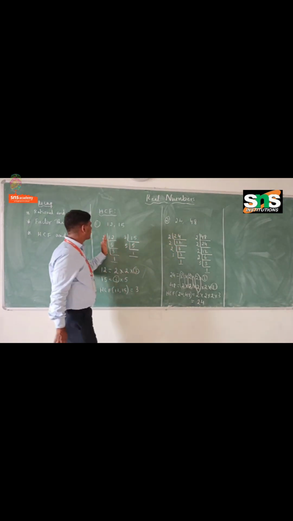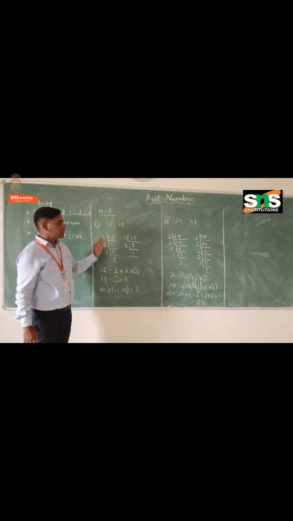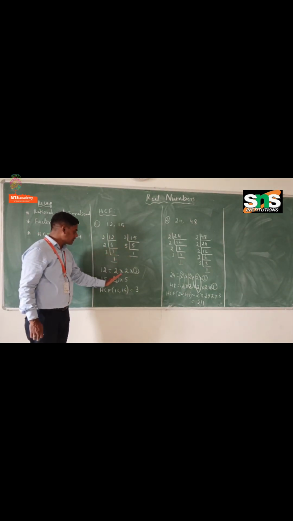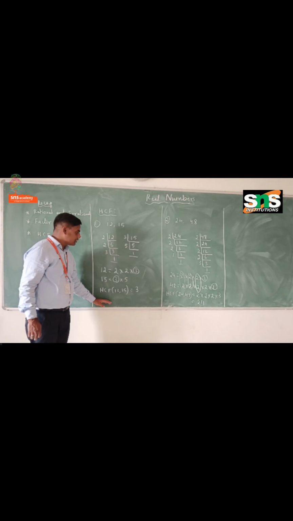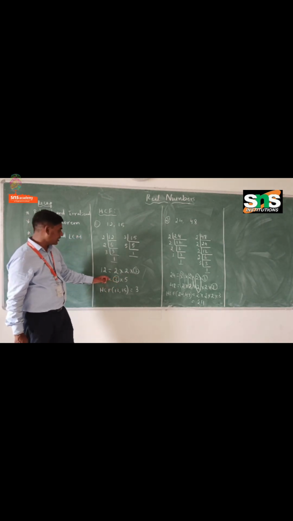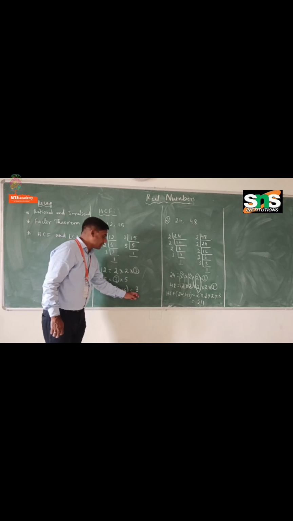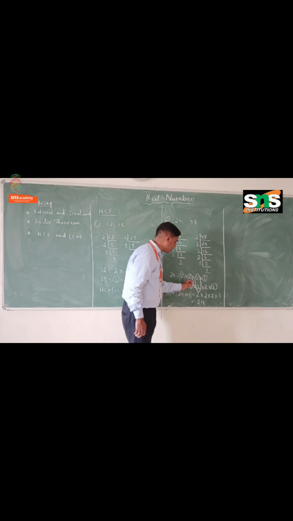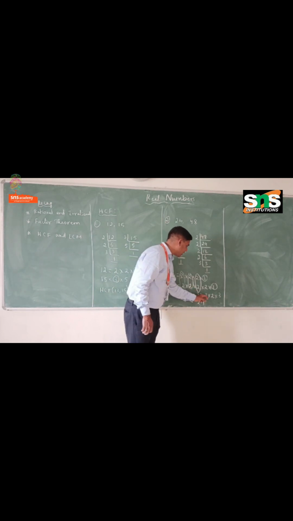So this is the way we find the HCF. We take the prime factors separately, find which factors are common to both, and choose one value for each common factor. After that you multiply, and you will get the HCF.